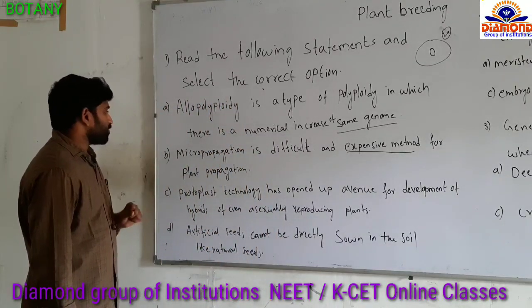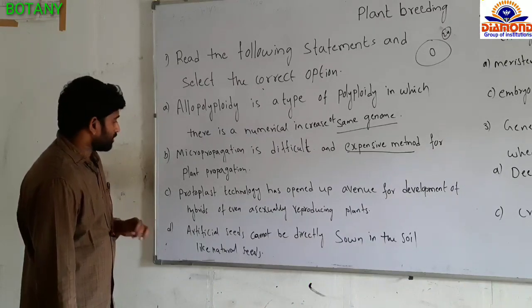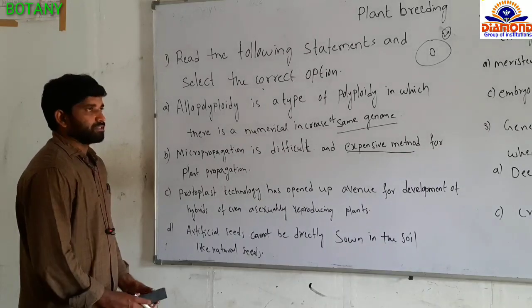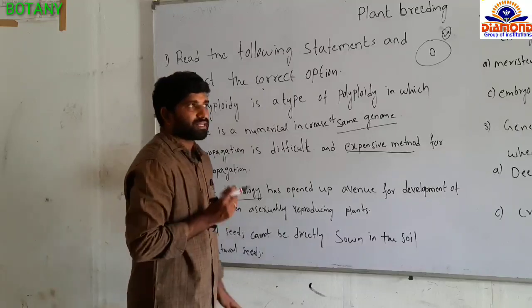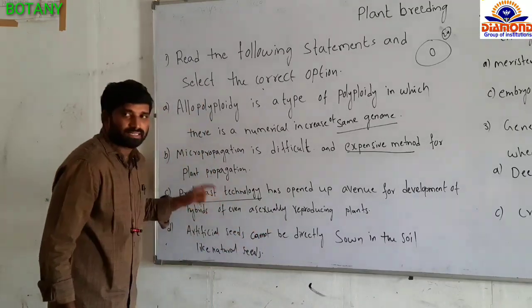Option C: protoplast technology has opened up an avenue for the development of hybrids of even asexually reproducing plants. Here you need to know protoplast culture. In tissue culture, one application is somatic hybridization.